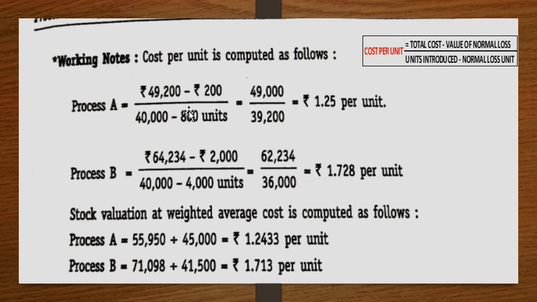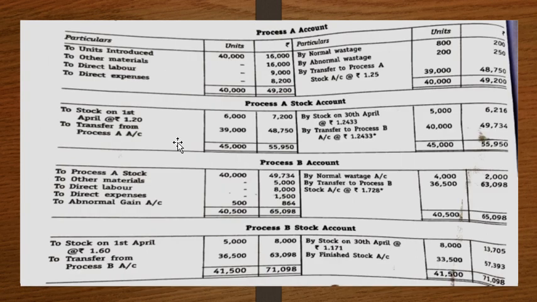For process A, the total cost is your input cost. So the total cost here is 16,000 plus 16,000 plus 9,000 plus 8,200, which will give you 49,200.